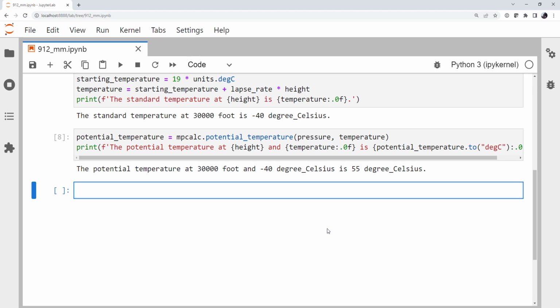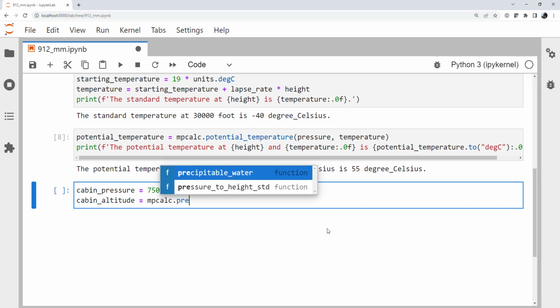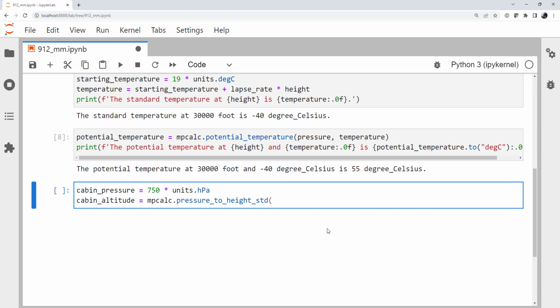We need to calculate the cabin height. We know the cabin pressure was specified as 750 hectopascals. So our cabin altitude is going to be pressure to height standard.